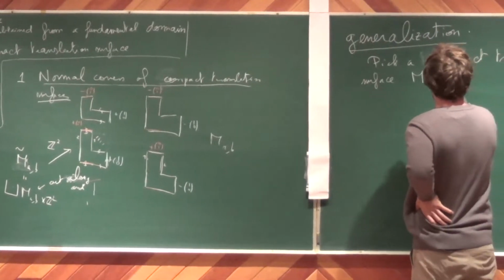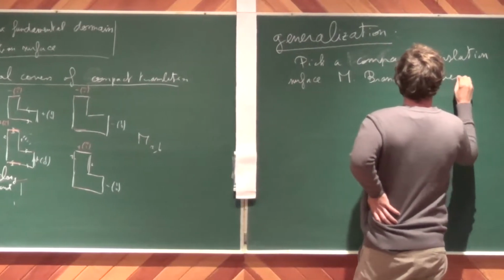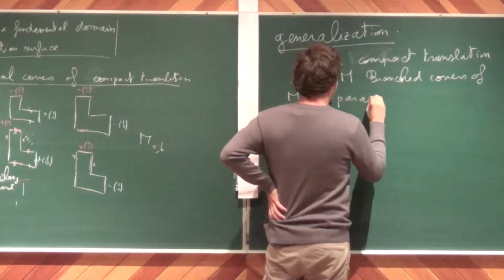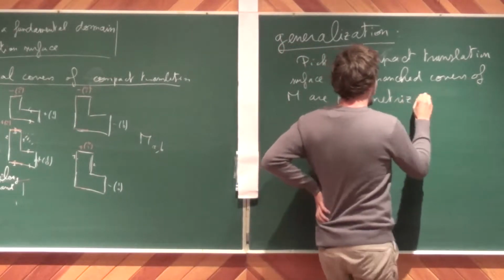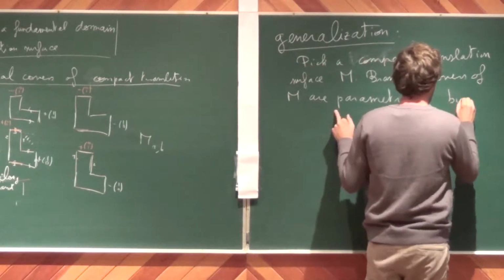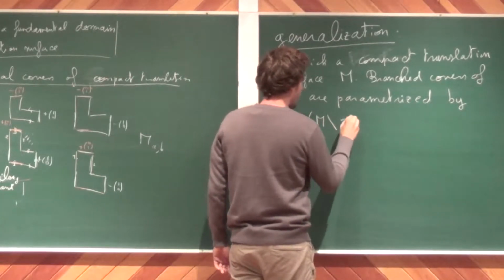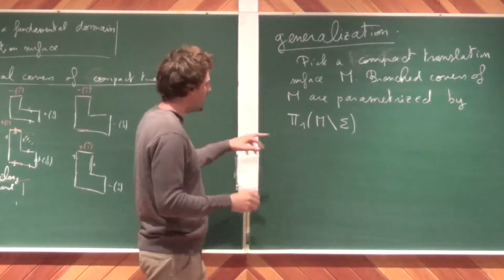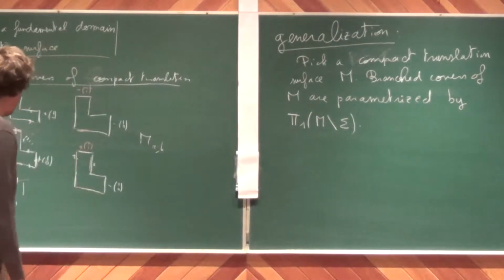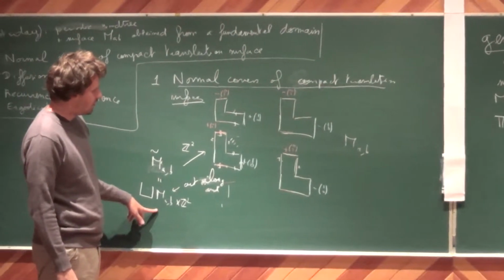So branched covers of M are parameterized, I mean up to topological equivalence, by the fundamental group of M minus the singularities of the surface, or the set of branching points. So perhaps here you saw it, perhaps not, but this is unbranched.